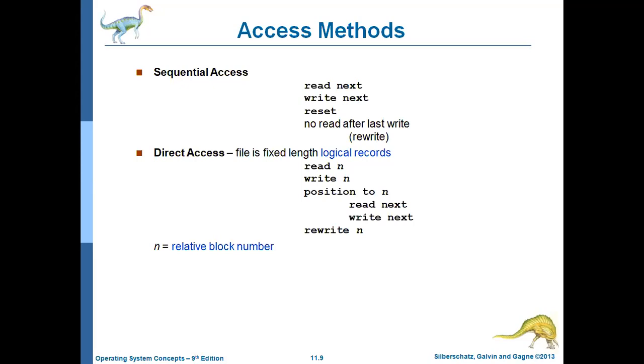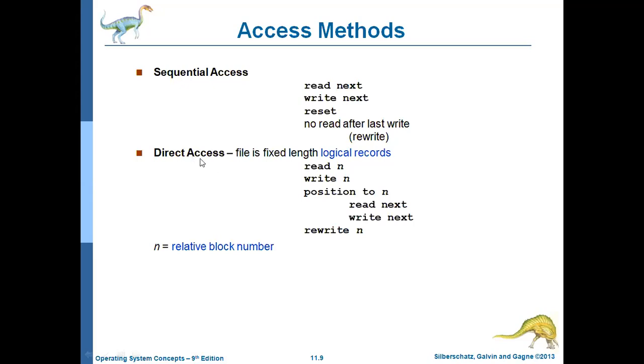Editors and compilers usually access files in this fashion. On the hardware side, sequential access emulates magnetic tape operation, and it generally supports operations like read next, write next, reset, and skip records. You cannot read after the last write.